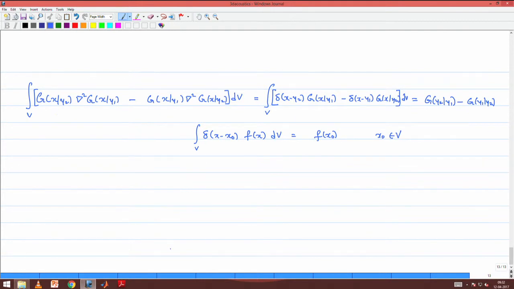If you look at the left hand side of this equation, this is exactly in the form that is required by Green's theorem.